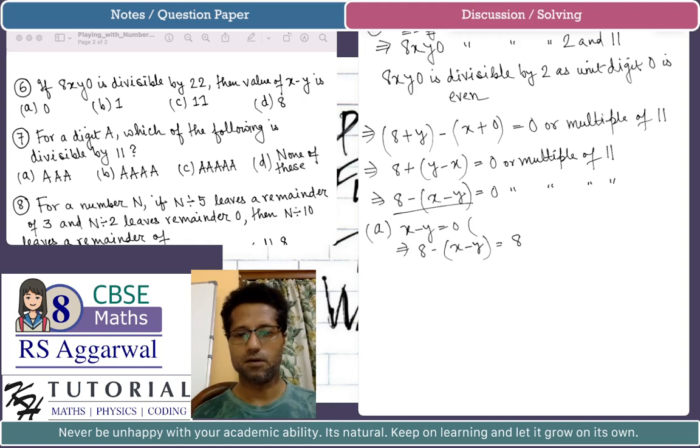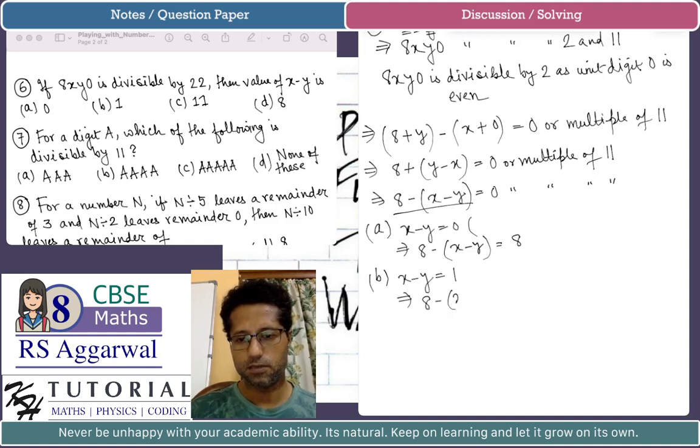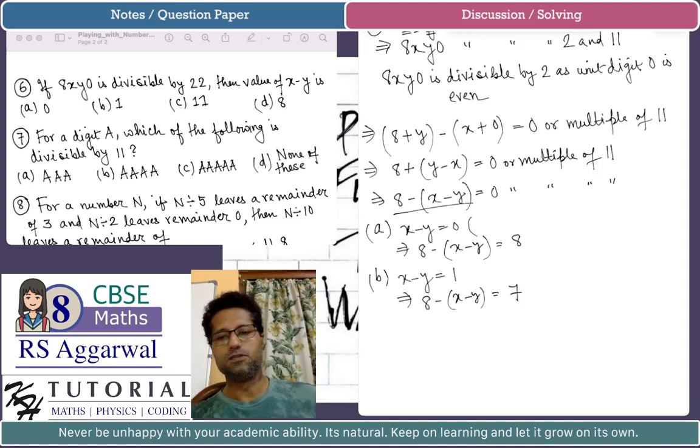So x minus y equals 0 will not make the given number, 8x by 0, divisible by 11. For the choice B, x minus y equals 1 implies 8 minus x minus y is equal to 7. This 7 is not equal to 0, and also it is not a multiple of 11.